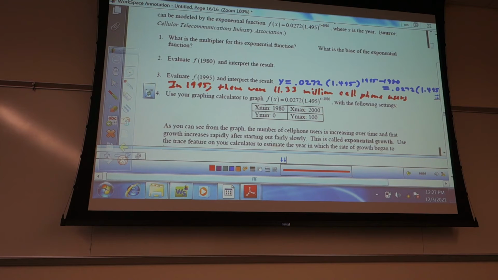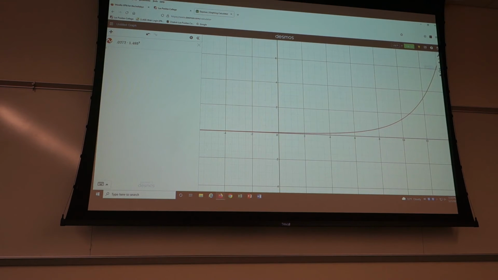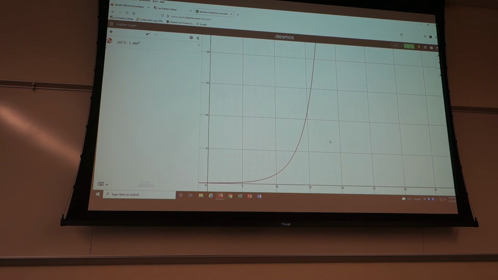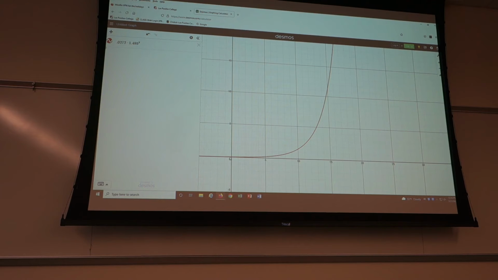If you look at million cell phone users in 1990, we don't have to put 6 zeros, we just put million, it's easier. 0.33 million. As you can see, cell phone users starts off kind of slow in 1980, and starts picking up steam, 1985, 1990, 1995, it starts to really grow there, right?